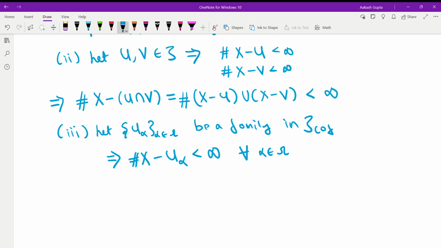Now, what should happen? Let me approach it in a twisted way. I want to show that the union of these U alphas is in tau COF. So I have to consider its complement. Then De Morgan's, or like above. So how can we do this? If you note that, this means their intersection, its cardinality is also finite, right?